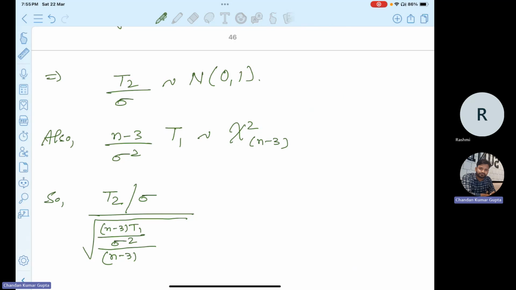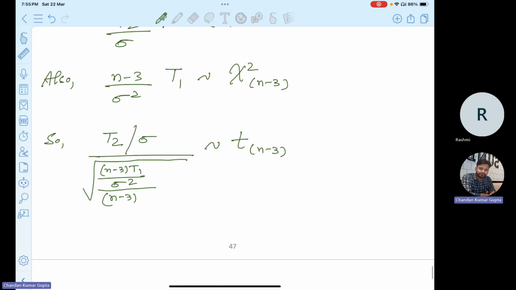The upper one is the standard normal distribution: T2 by sigma is standard normal, and the second one, (n minus 3) divided by sigma square into T1, is chi-square distribution with n minus 3 degree of freedom. So this quantity gives a T distribution with n minus 3 degree of freedom.